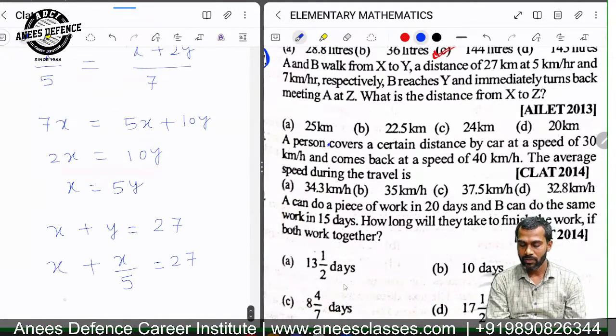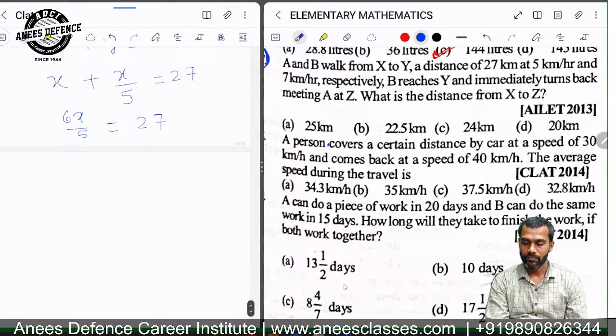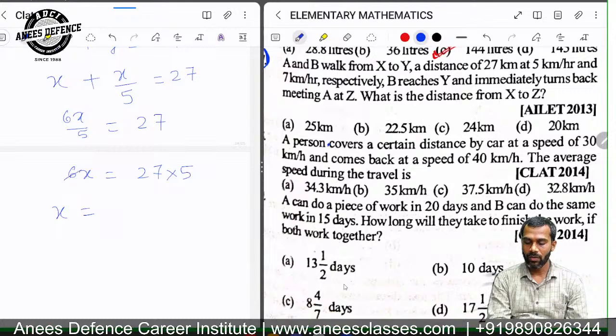So it becomes 6x by 5 is equal to 27. 6x is equal to 27 into 5. So x is equal to what? I can divide: 3 2s are 6 and 3 9s are 27. So 45 by 2, that is equal to 22.5 kilometers. That is the right answer.